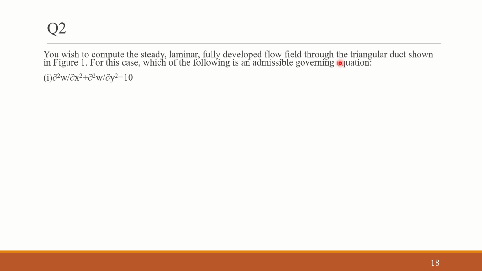So coming back, the first one is del square W by del x square plus del square W by del y square equal to 10. Second, it is del square U by del x square plus del square U by del y square equal to 10.